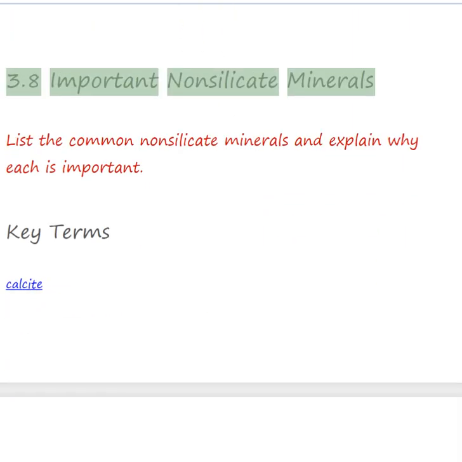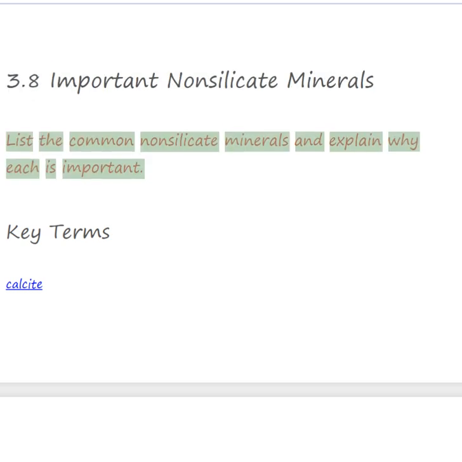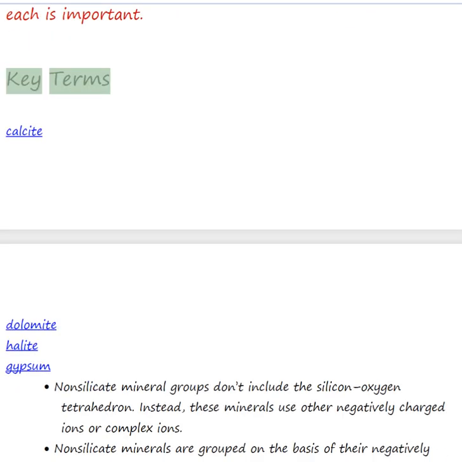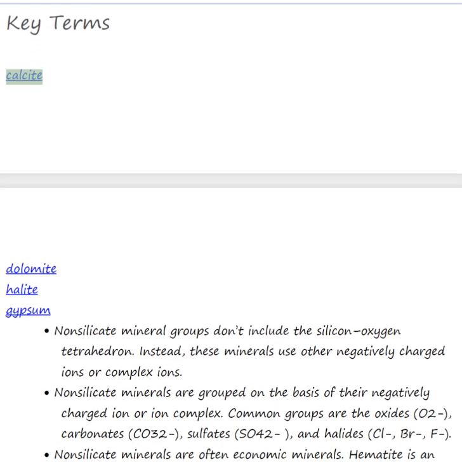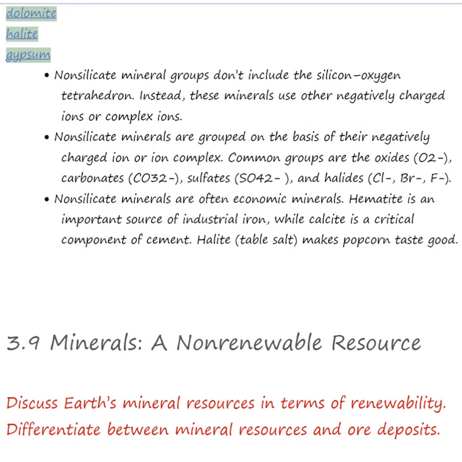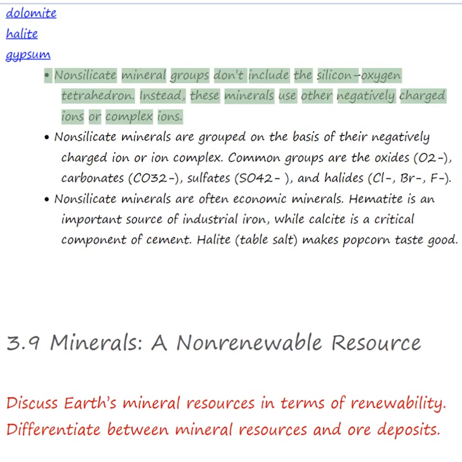3.8 Important non-silicate minerals. List the common non-silicate minerals and explain why each is important. Key terms: calcite, dolomite, halite, gypsum. Non-silicate mineral groups don't include the silicon-oxygen tetrahedron. Instead, these minerals use other negatively charged ions or complex ions.